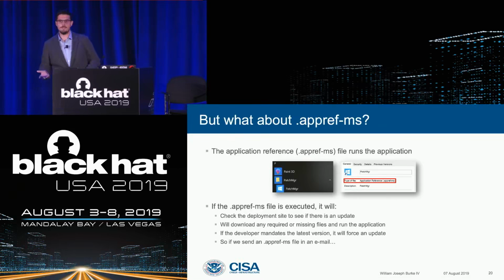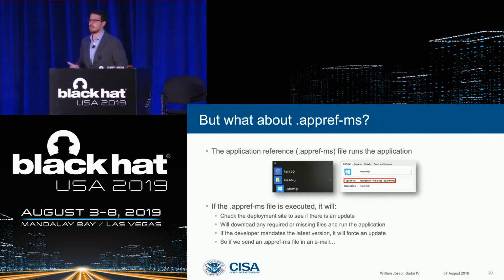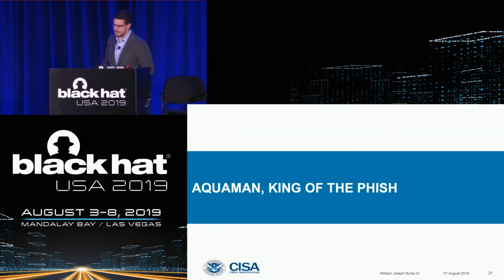And if there are any missing files or anything along those lines, it'll pull all those down as well. So if we send an Appref MS file via email, OLE, whatever the case might be, and someone else executes it, then the Appref MS file will notice that there's no application like this here. Let me take care of that for you. I've got your back. Now, the end user will still need to approve the execution, but once they do that first initial approval, everything runs from there, once again, including any updates past that.